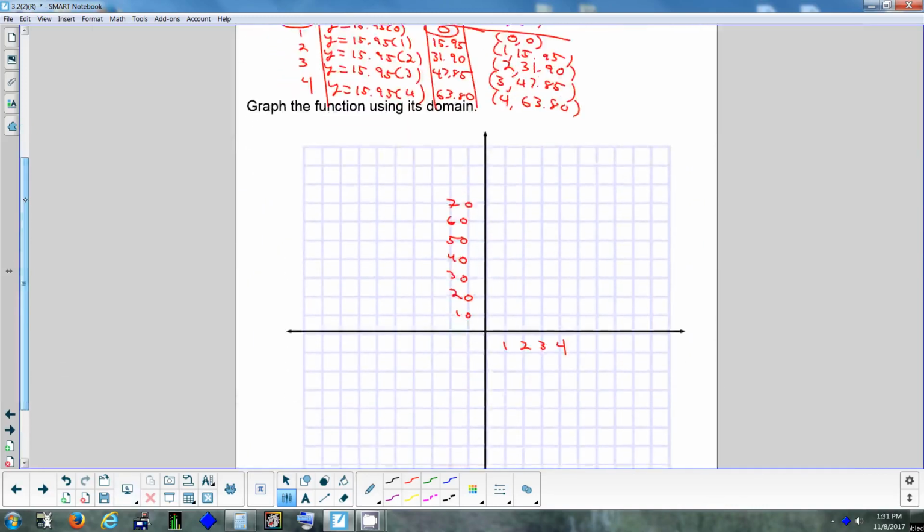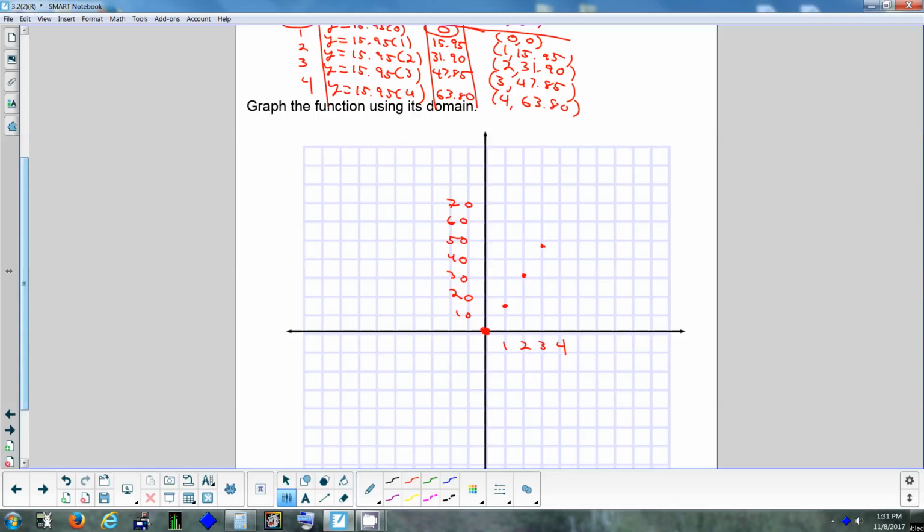Let's graph our points. 0, 0. The next one is 1, 15.95, almost 16. So I would put that right about there, in between 10 and 20. 2, 31.9, so a little bit above 30. 3, 47.8, a little bit under 50.